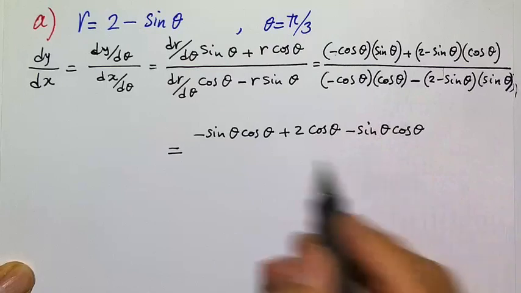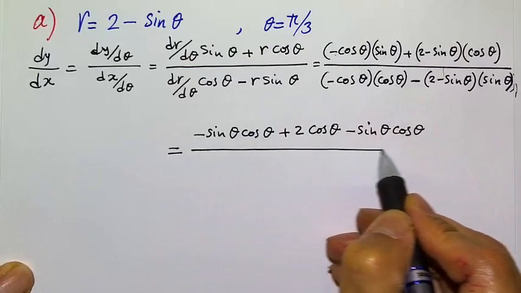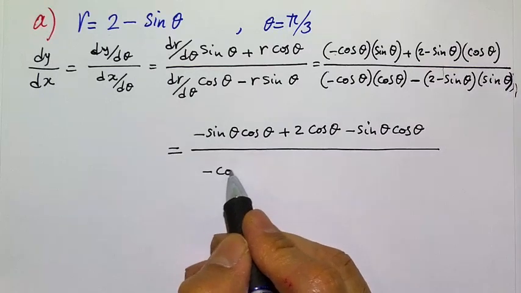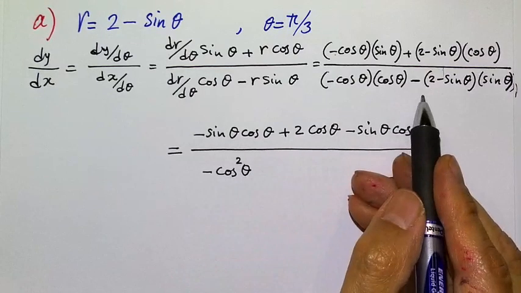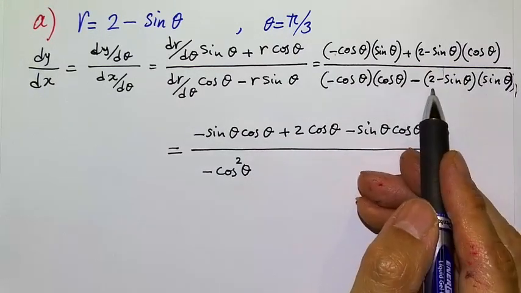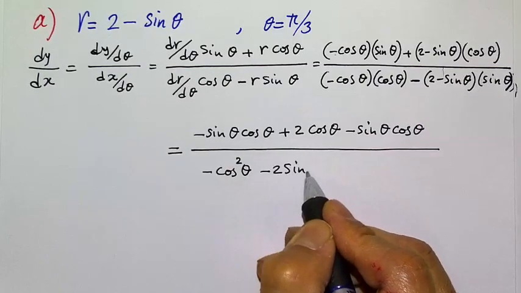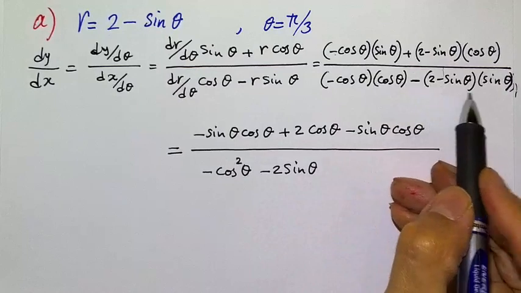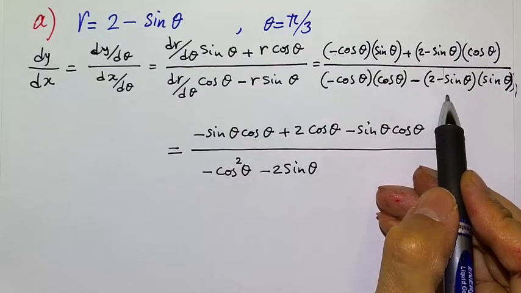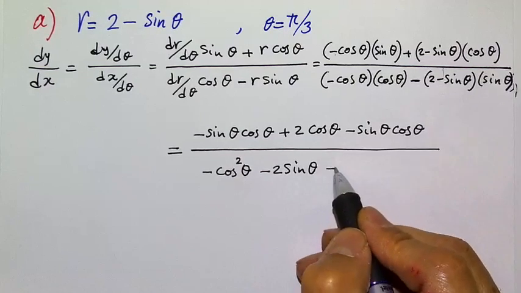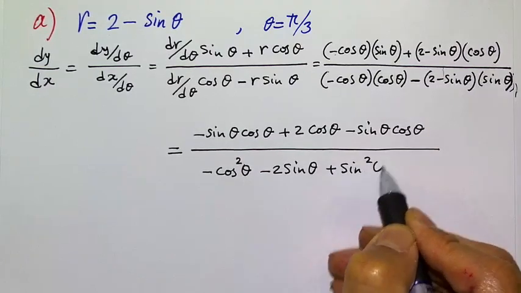Right? I'm just distributing the terms. That divided by minus cosine squared theta minus 2 times sine theta. And then, of course, plus sine squared theta. Like that.